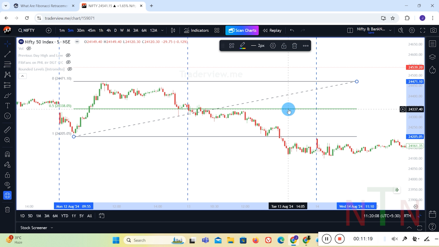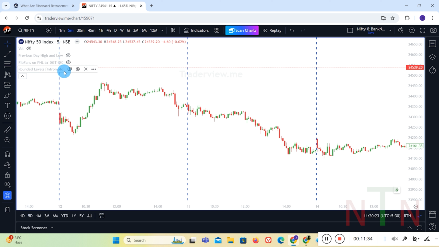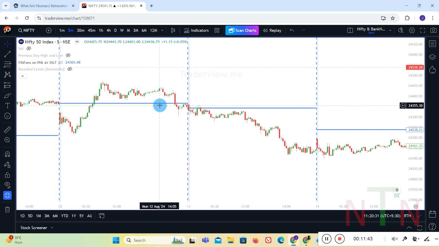Hope I've explained the Fibonacci retracement tool. In order to do it automatically, instead of manually drawing this Fibonacci from the previous day high low, in TradingView I have a tool called Fib Fans. When I enable this, can you see this? It automatically plots the 0.50 level.